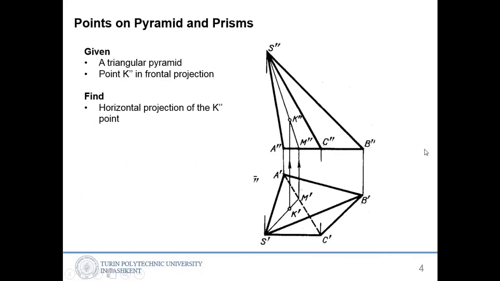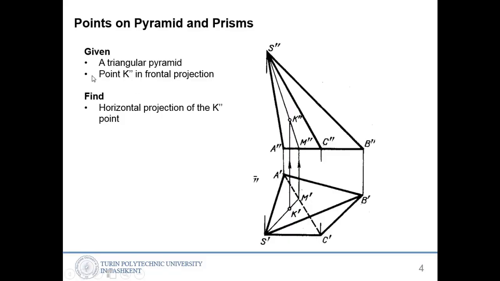Same thing is happening with pyramid or prisms. So here is given a triangular pyramid. So three sides are triangles, actually four sides, but one base and three sides.